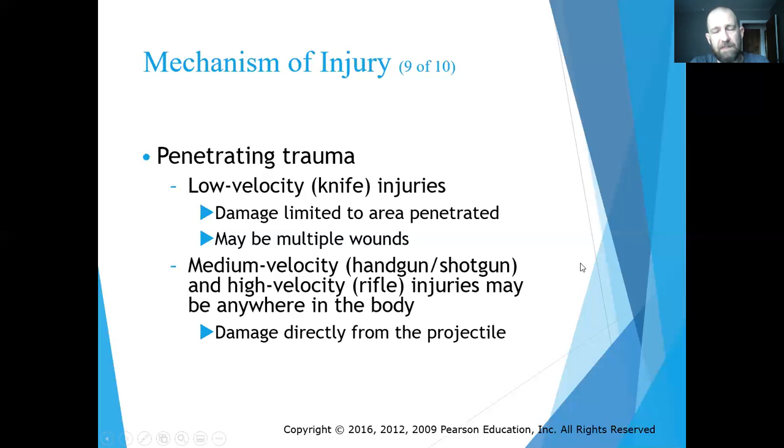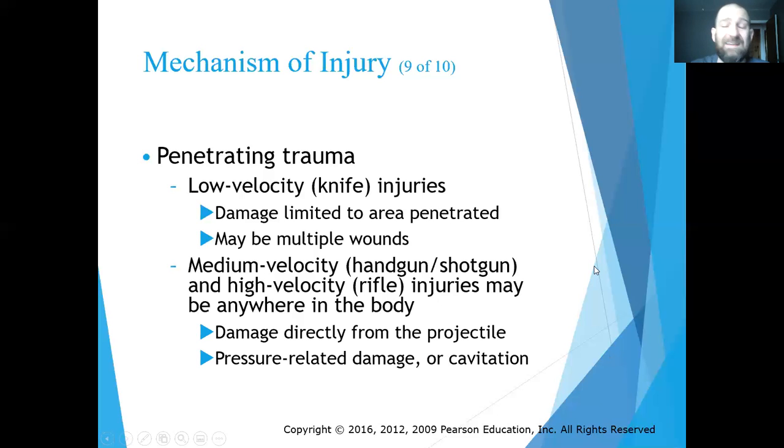So with those medium and high velocity, obviously we have damage directly from the projectile, whatever it hits and whatever path it takes through the body. But we also have what's called pressure injuries, what's called cavitation. The bullets are moving at such a high speed that there's a pressure wave around them. It's pushing the air around it, and that pressure wave actually causes a lot of injuries.